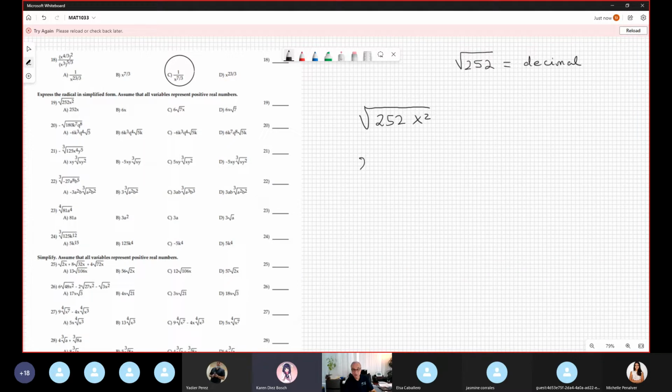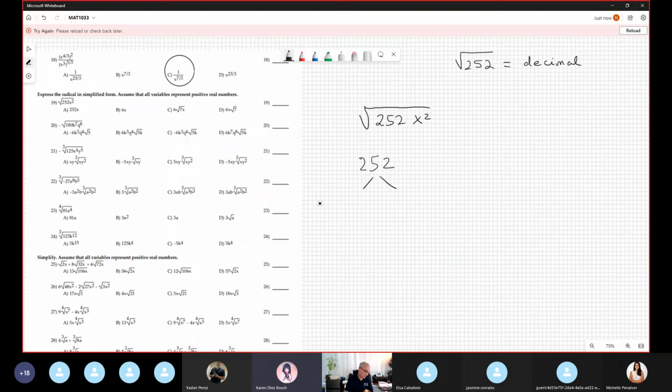The efficient way to do this is to take the number and break it down in prime factorization. I put 252 in the calculator. I know very well it's even because it ends in 2. Any number ending in an even number or 0, automatically I know it's even.